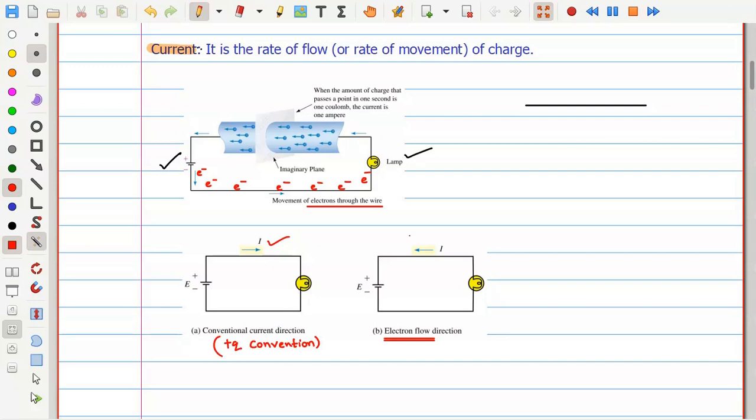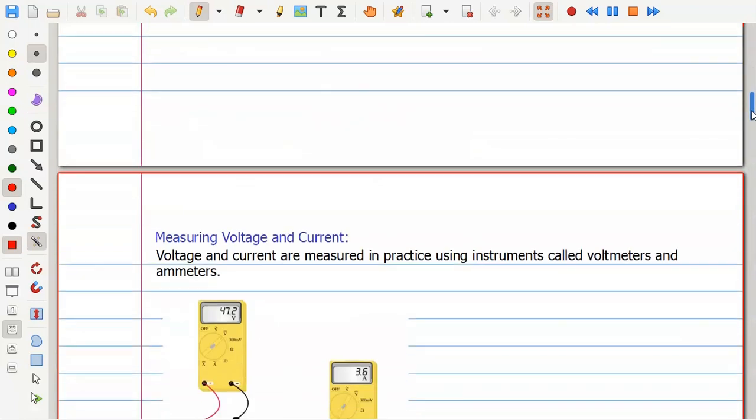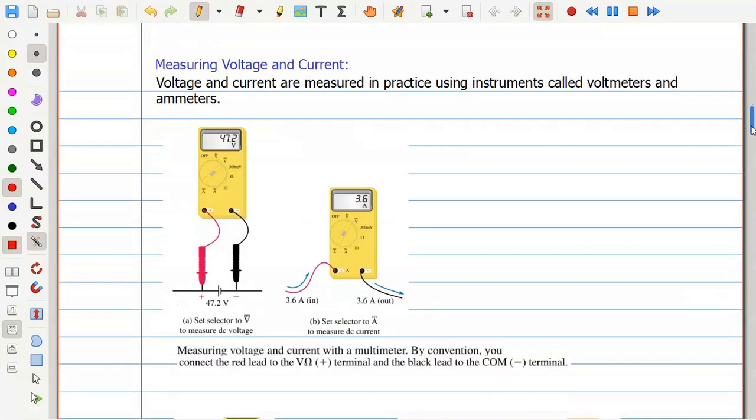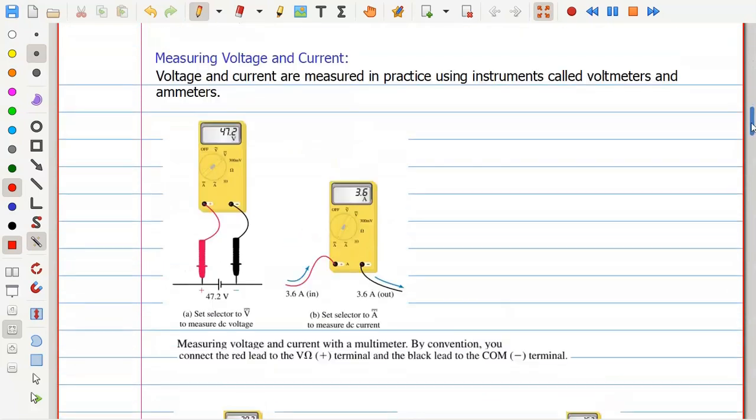One can say the current is in this direction also, but since a long time, all people have adopted this standard convention. So we should follow the same convention to avoid misconception or misinterpretation in the literature from one person to another. And let me quickly show how we measure these basic quantities, which are voltage and current.